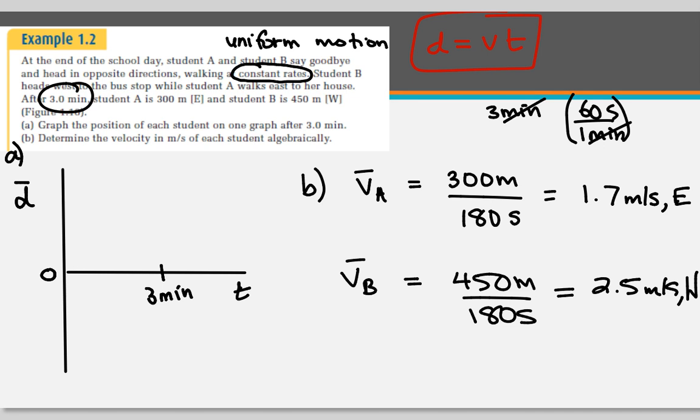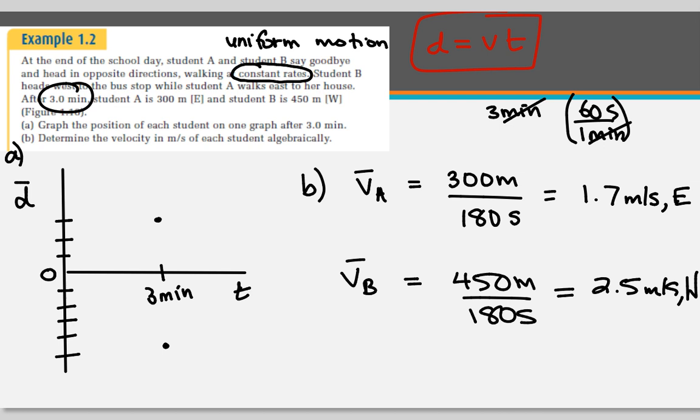Now, which student went faster? Student B. So in terms of displacement, one of them covered more in the same amount of time. So one of the lines is going to be steeper than the other. So you can mark off 1, 2, 3. 1, 2, 3, 4, 5. And that guy is about halfway between 4 and 5.